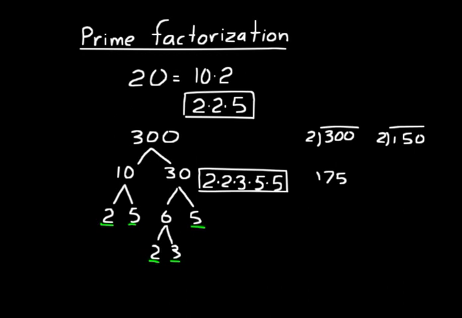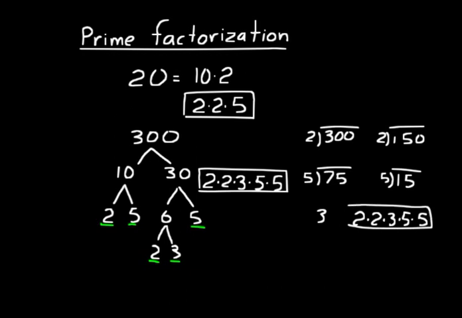Now let's divide that by 5, and we would get 15, which we can divide by 5 as well, and we would get 3, and 3 is a prime factor, so we're done. And again, we can just write all of these factors down: 2 times 2 times 3 times 5 times 5.